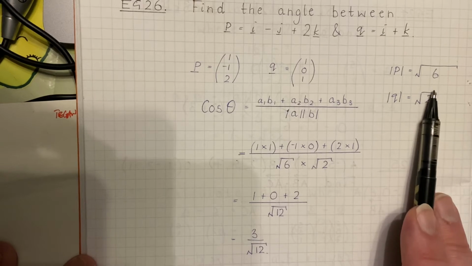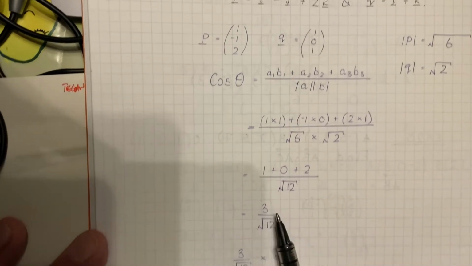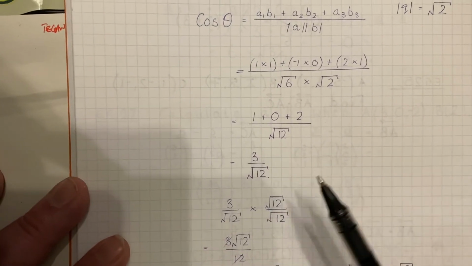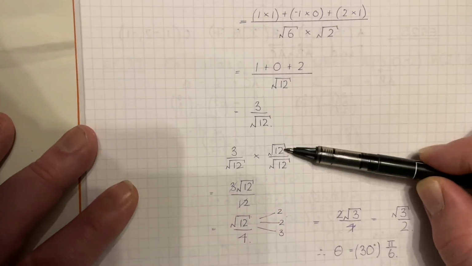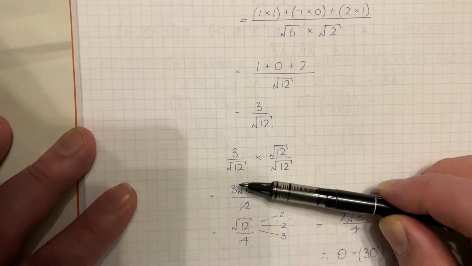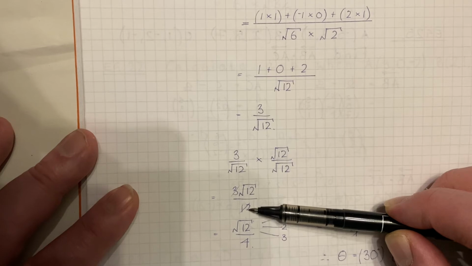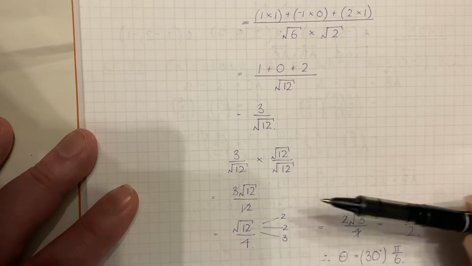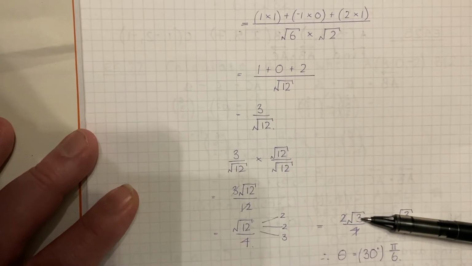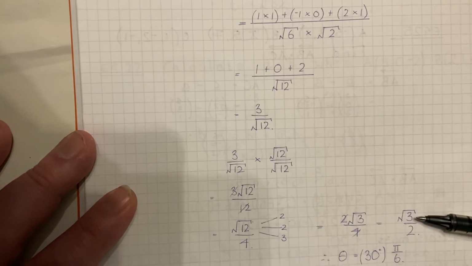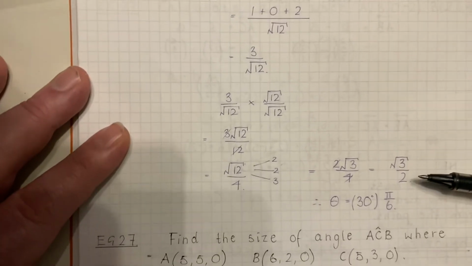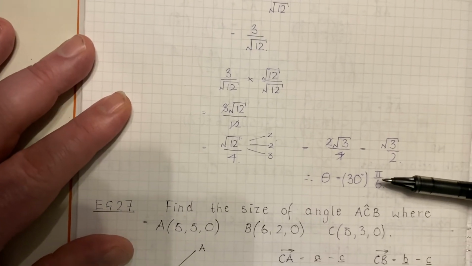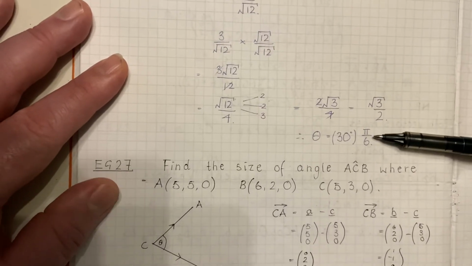We know how to do magnitude from previous. What we get is 3 over root 12. So we could simplify it, times it by root 12 over root 12. So we get 3 root 12 over 12. Simplifying root 12, we would get 2 root 3. So it cancels with a 4, ending as root 3 over 2. Inverse cos of root 3 over 2 is 30 degrees, which is pi by 6.